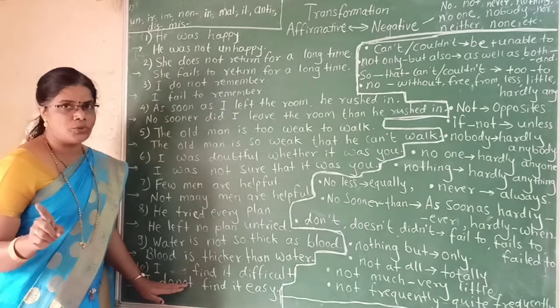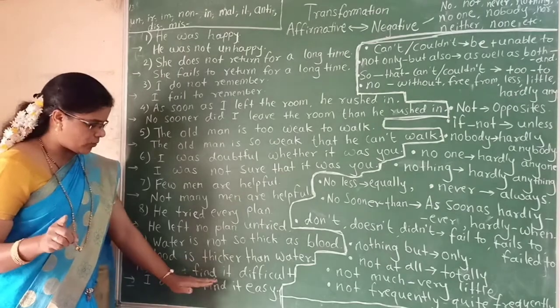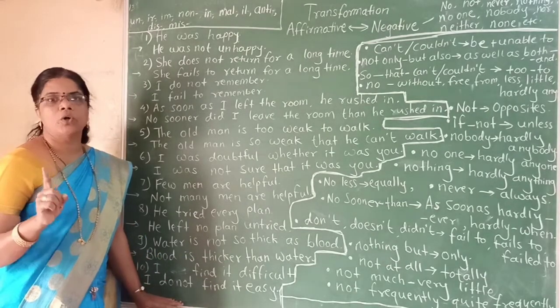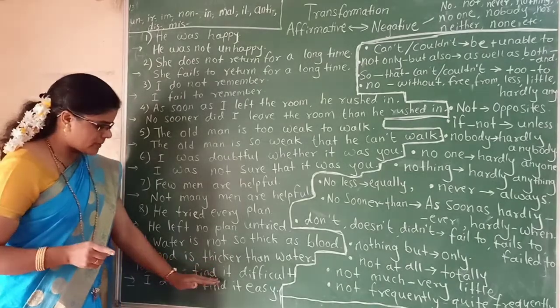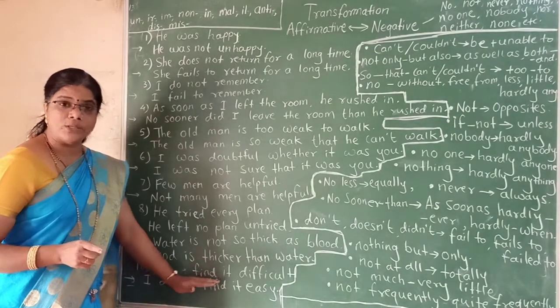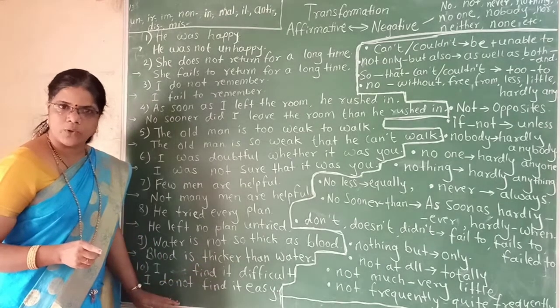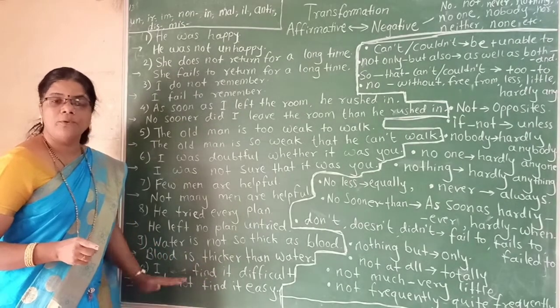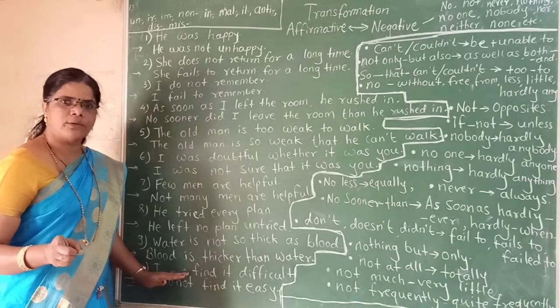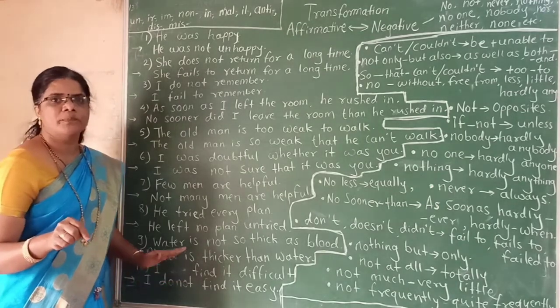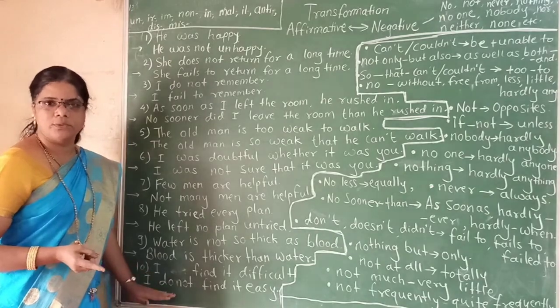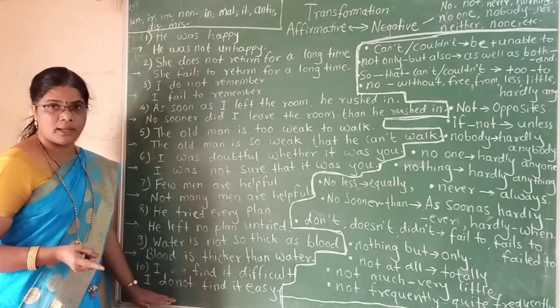If here there is no auxiliary verb, then according to the main verb, you have to use do not, does not or did not. So here "find" is there, so "do not". If "finds" would be there, I would have used "does not". If here would be "found", then I would have used "did not". If here would be any other modal auxiliary verb or primary auxiliary verb, then I would have used the same one: can, could, must, may, in this way.